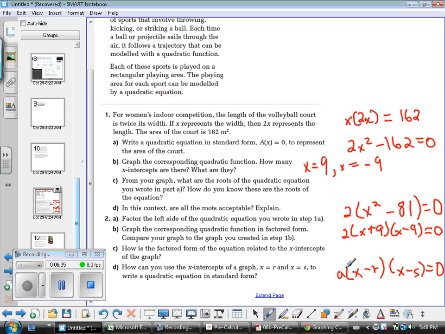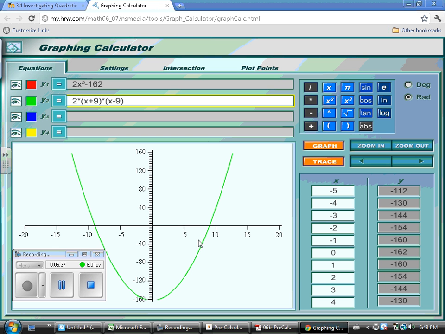Okay, and I'll just show you that on the graphing calculator, that knowing the roots doesn't necessarily tell you exactly what function you're dealing with. I'll show you one example of a function that has the same intercepts but actually has a different shape, and that's just due to the value of a.